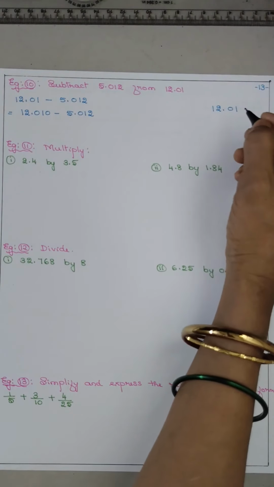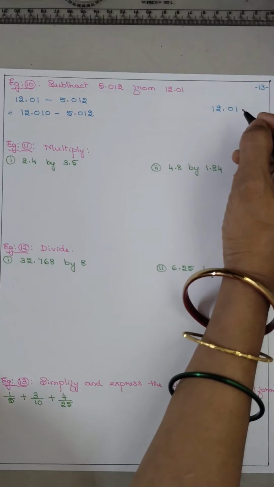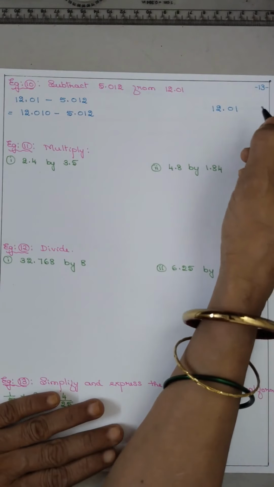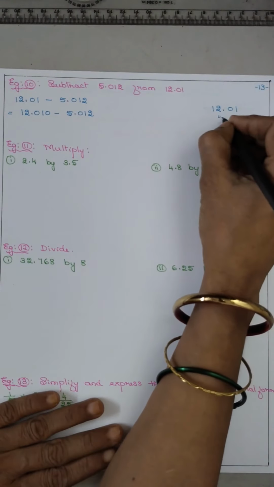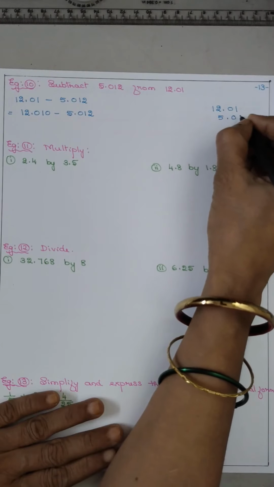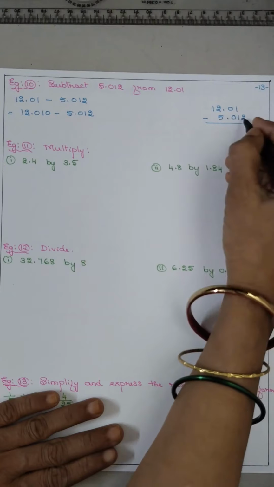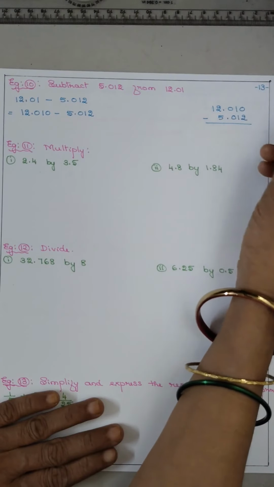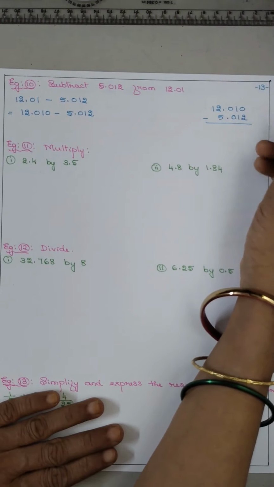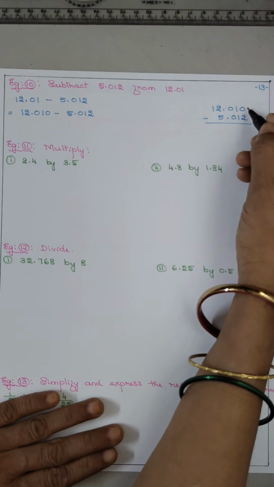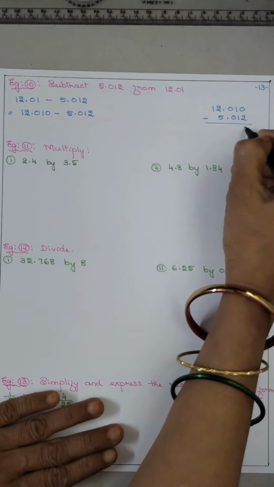Now I am doing this, but in the worksheet we will do the horizontal method only. 12.01 minus 5.012, subtraction. So here we have to take an extra 0. Subtracting, directly 10 minus 2 is 8.